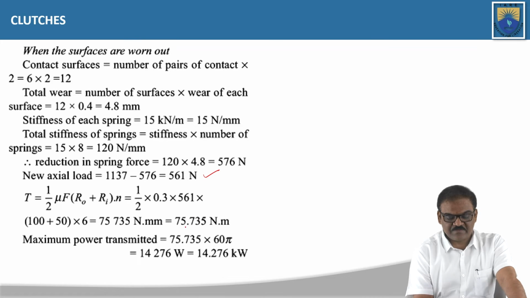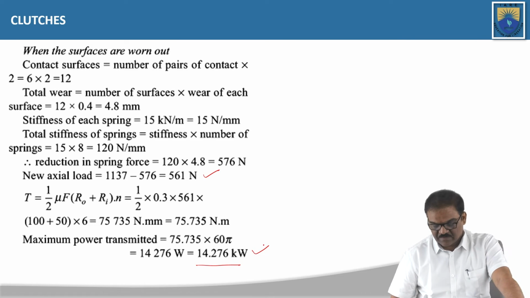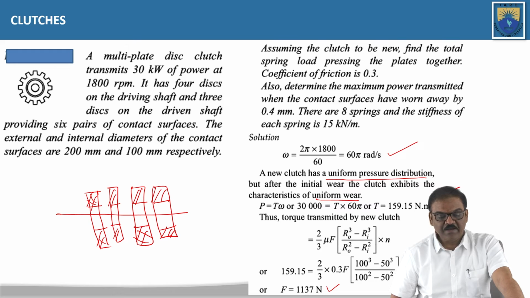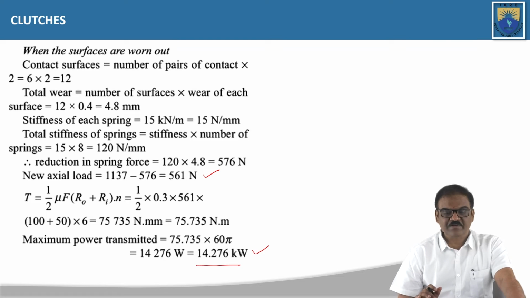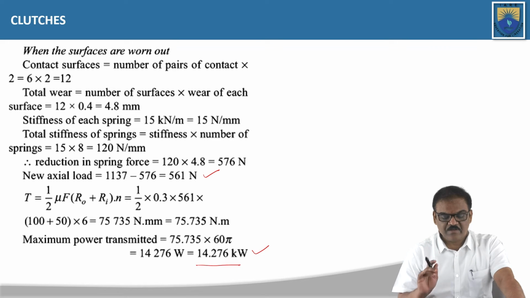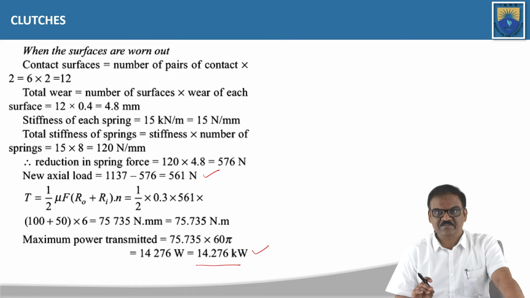That is nothing but 75.735 Newton meters. And maximum power transmitted is equal to T into omega. That is 14.276 kilowatts. Under new, it can deliver a power of 30 kilowatts. After worn out, the power is reduced to 14.276 kilowatts.